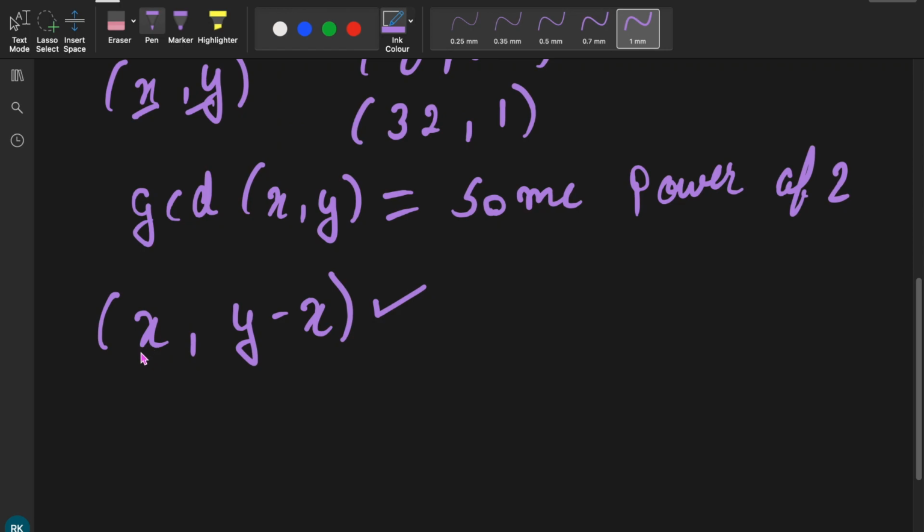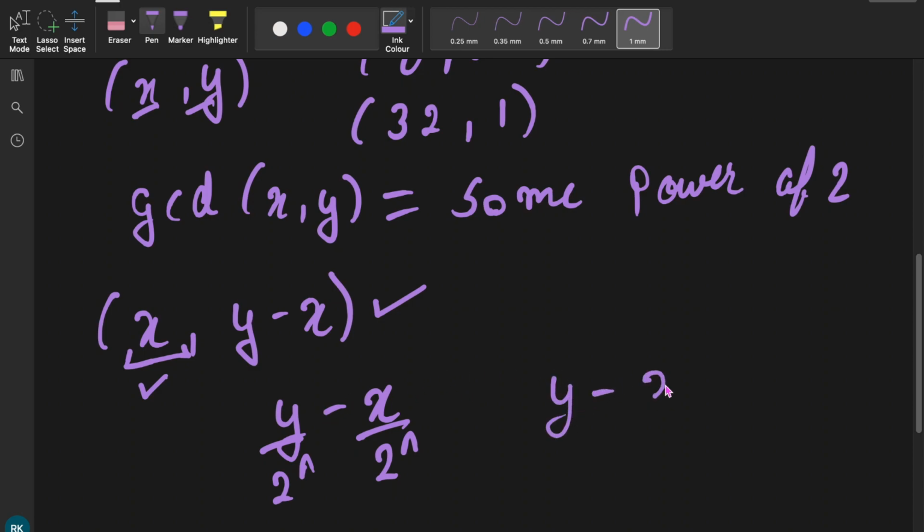If we perform this step, this x is already divisible by that power of 2. And for the rest we have y minus x. So y minus x will also be divisible by some power of 2. How? Because y is divisible by some power of 2 and x is also divisible by some power of 2. So the whole y minus x will also be divisible by some power of 2, right?